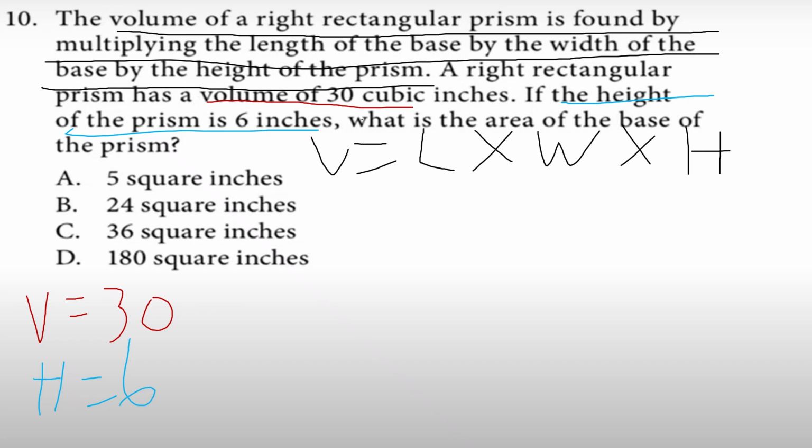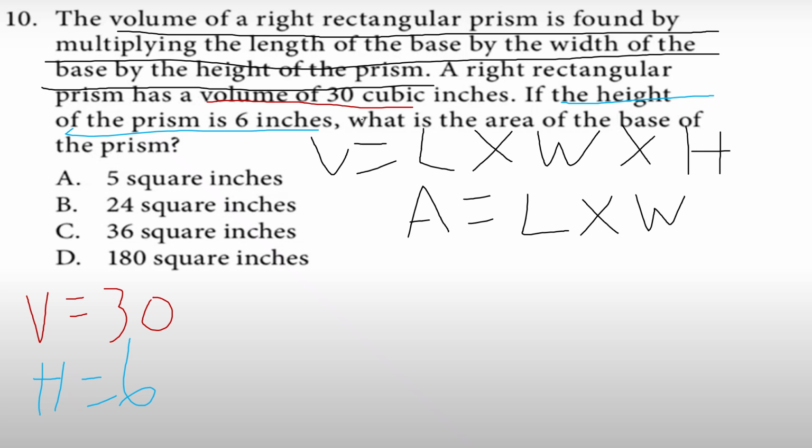All right. So it tells us a good deal of information. One thing we need to find out is area. If you know your equations, hopefully they'll be nice and give you the equation on your test. But if they don't, just know that area is equal to length times width.